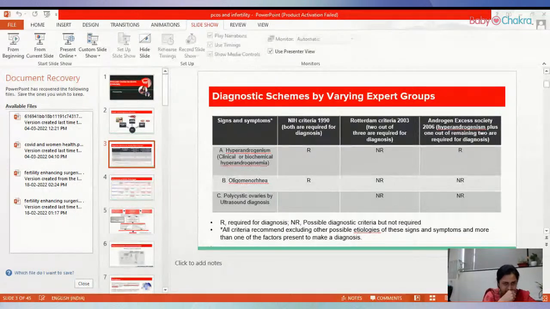Then there is obesity and dyslipidemia, and in later life there can be development of type 2 diabetes, cardiovascular diseases, and a high risk of endometrial cancer in polycystic ovarian syndrome cases when they have not been treated properly throughout their lives.